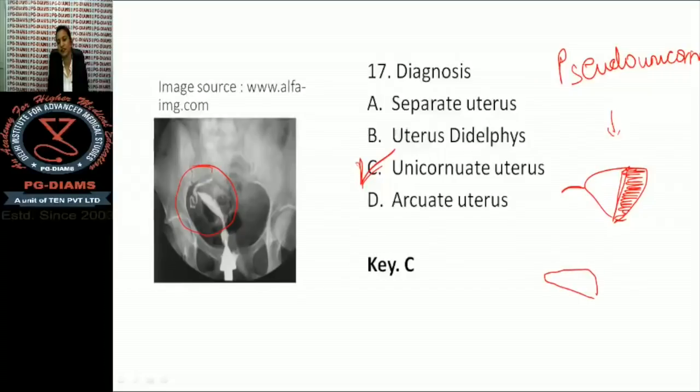So this also might look like unicornuate uterus. That's why it's called pseudo-unicornuate uterus, and it is seen in TB. Since the other options were not compatible, your answer here is unicornuate uterus. Unicornuate means a single cornu is there, the other is not present. Unilateral agenesis of Mullerian ducts is unicornuate uterus.